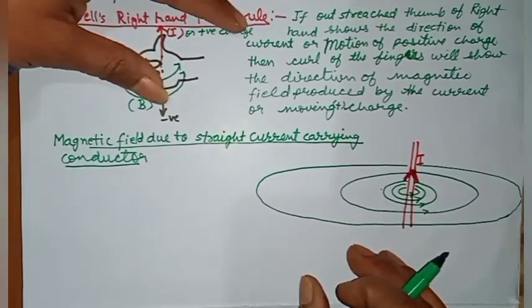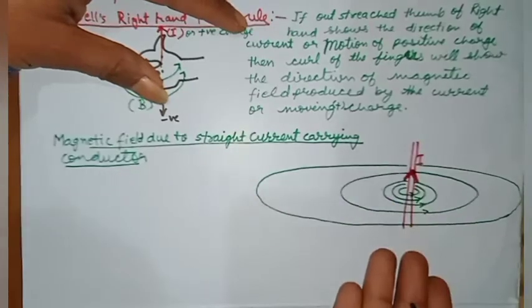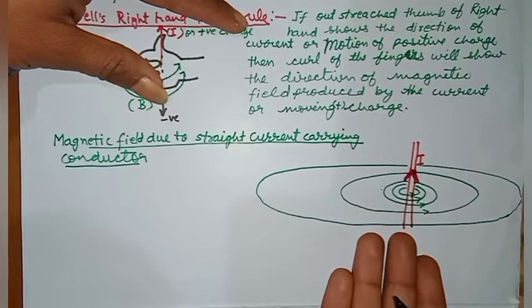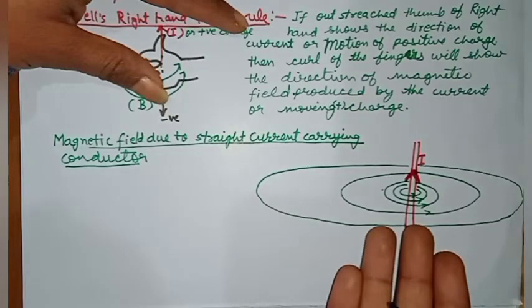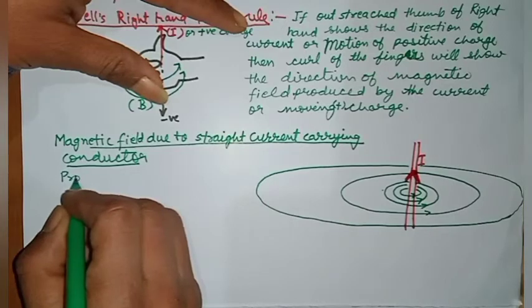Now there are some properties. There's no theory about this magnetic field produced by a straight current carrying conductor. Just properties. We have to just understand what properties the magnetic field produced by this wire has. So, properties.